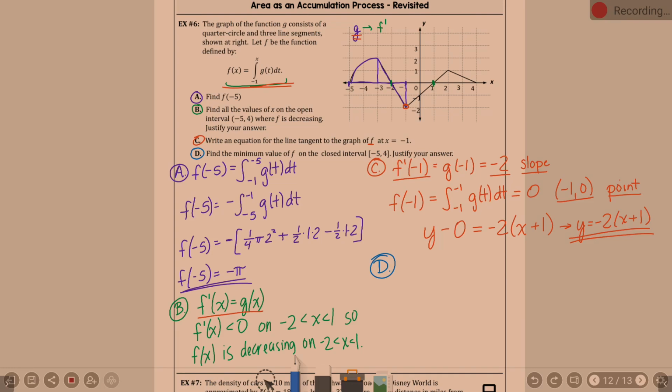What'd you say? Zeros and endpoints. Yes, to an extent. Technically, I don't have to plug in all of the zeros.